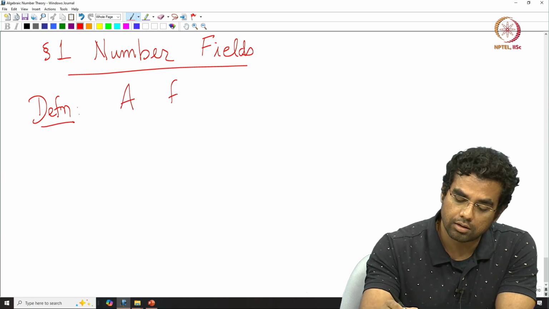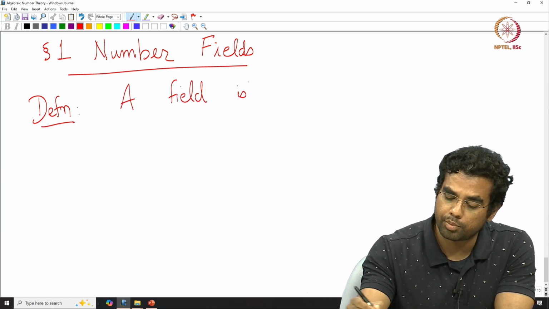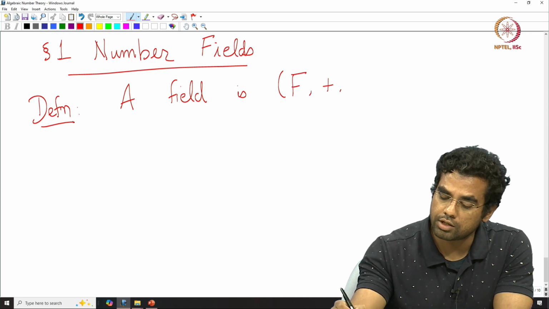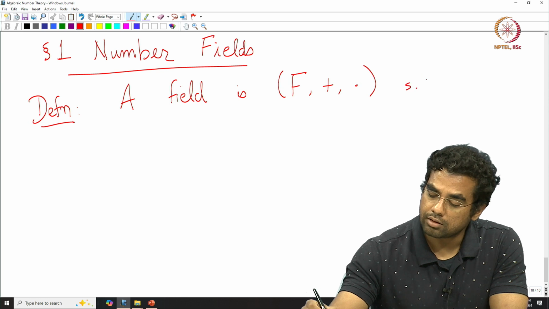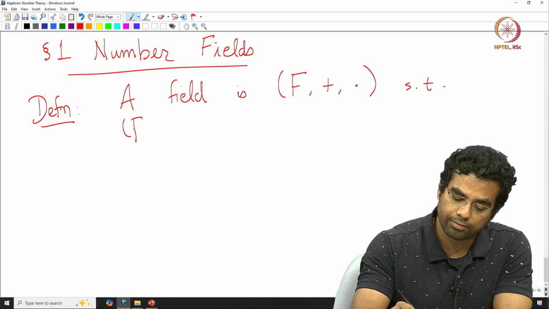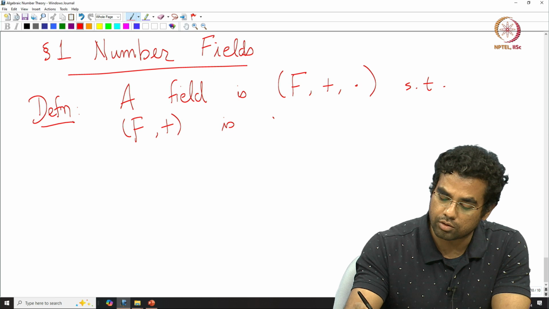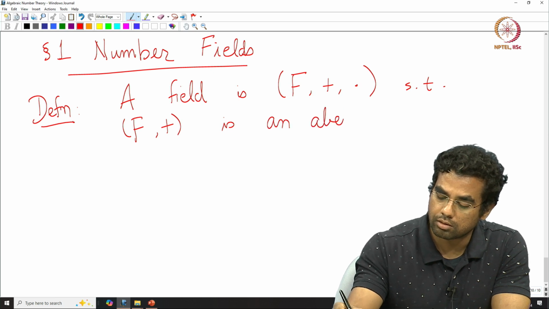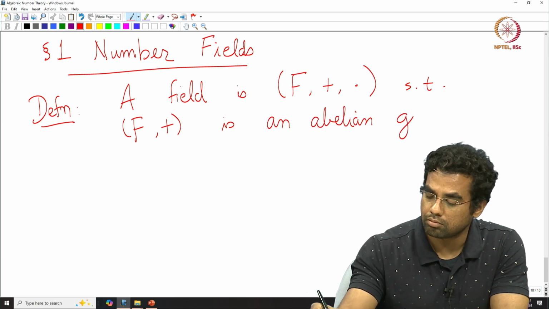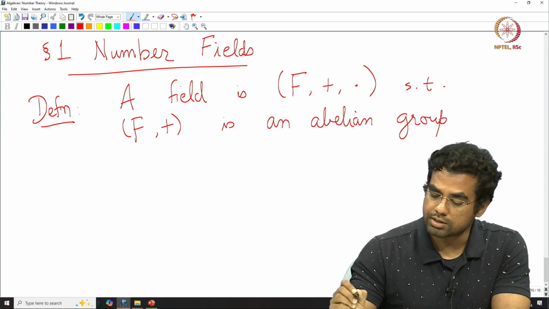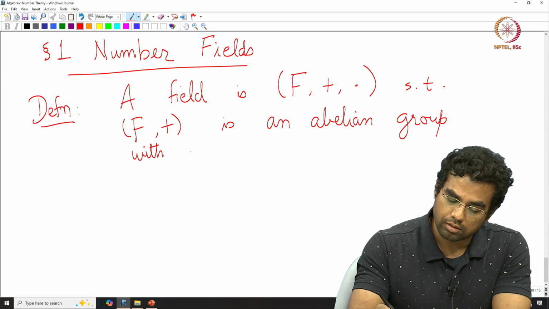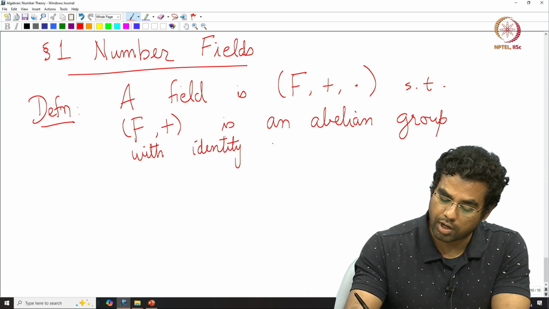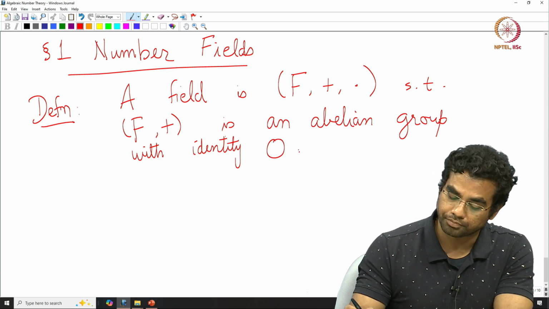So, a field is a triple F with addition and multiplication such that F with addition is an abelian group, and its additive identity will be denoted by 0 as usual.